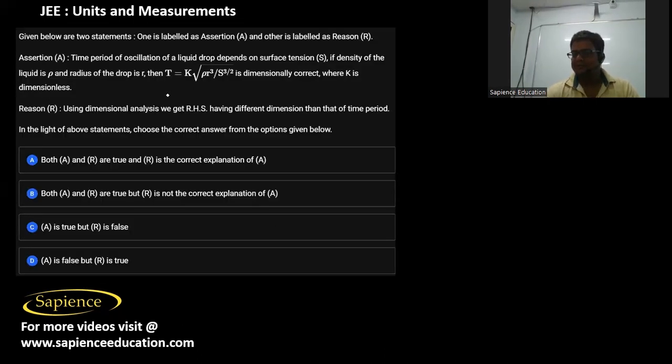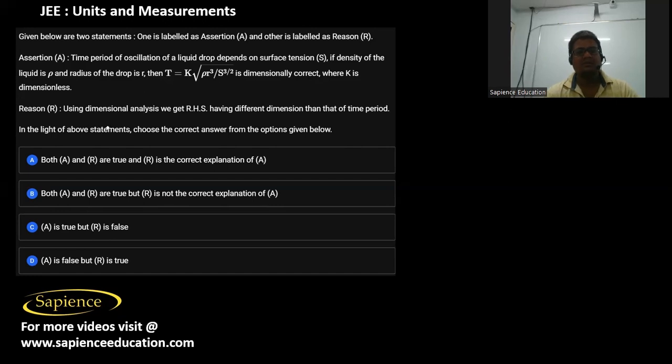Then here it is told the time period of oscillation of a liquid drop depends on surface tension. If the density of the liquid is rho and the radius of the drop is r, then T equals K into root over rho r cubed by S power 3 by 2 is dimensionally correct when K is dimensionless.